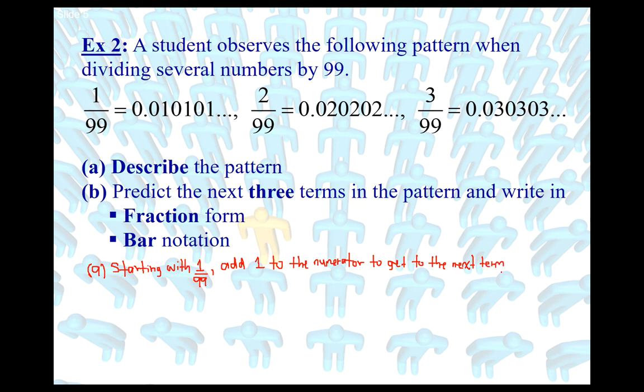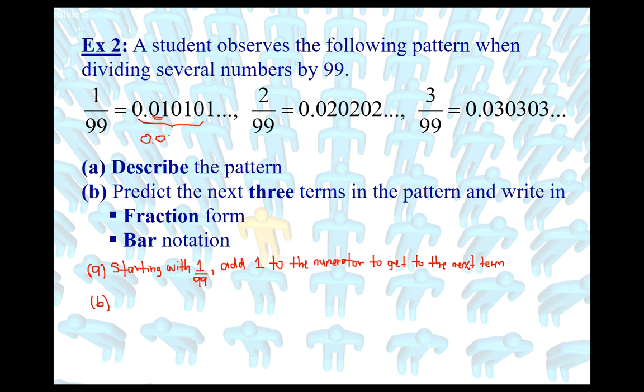Okay, and this is predict the next three terms in the pattern in terms of fraction form and also in bar notation. Okay, maybe we should start off just by going up here and putting these guys into bar notation. So the way bar notation works is you identify which group of numbers are repeating. So the group of numbers that's repeating after the decimal is the 0, 1.